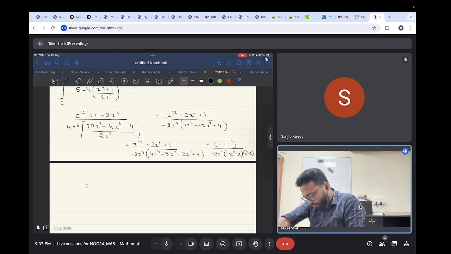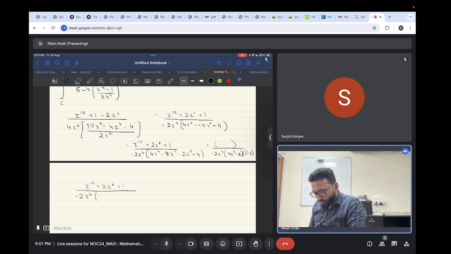So z^12 plus 2z^6 plus 1 divided by minus 2z^4. I can take 2 outside. So this becomes 4z^4, (2z^2 minus 1) into (z^2 minus 2). So this is the function that we get, and this is what we have to integrate.